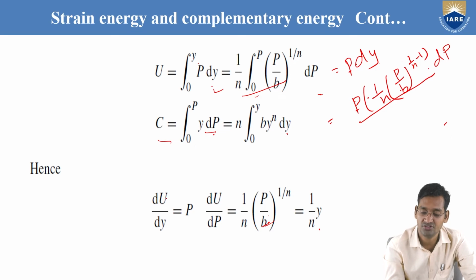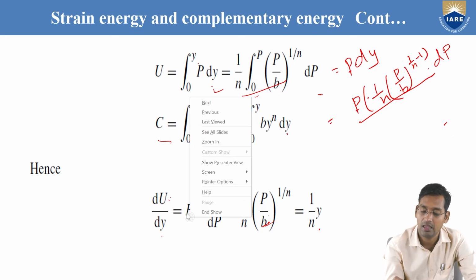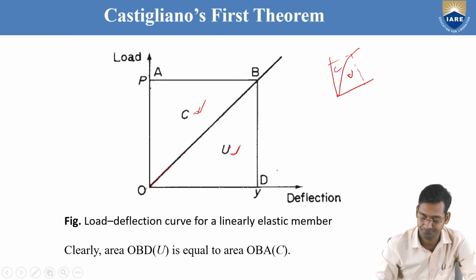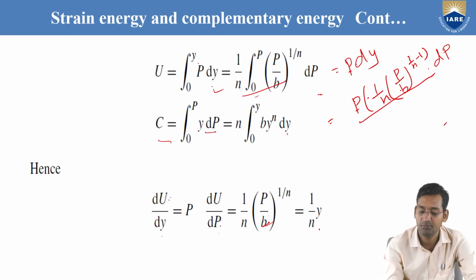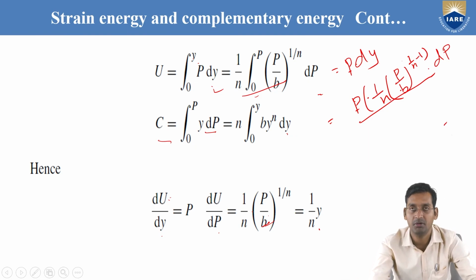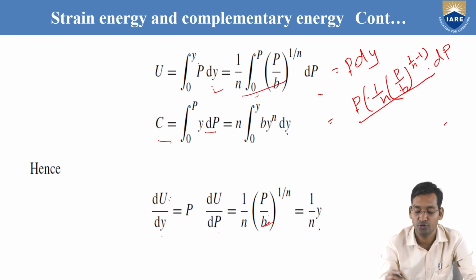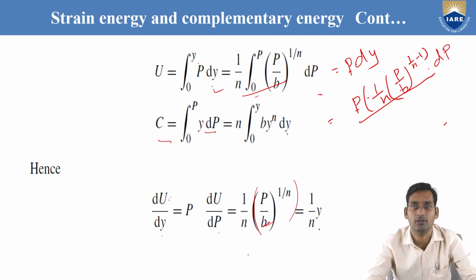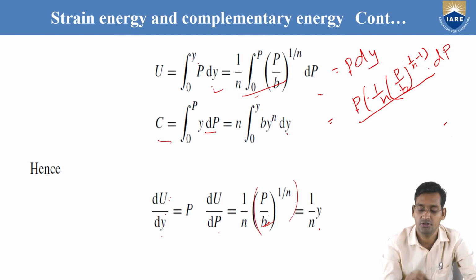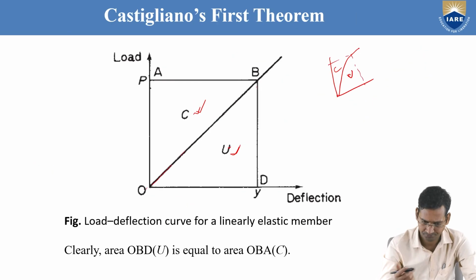After solving this, you will get dy equals p, and dp equals 1 by n (p by b) power 1 by n. So p by b power 1 by n is nothing but y. Hence dy is p and dp is y by n, or you can say 1 by n into y.